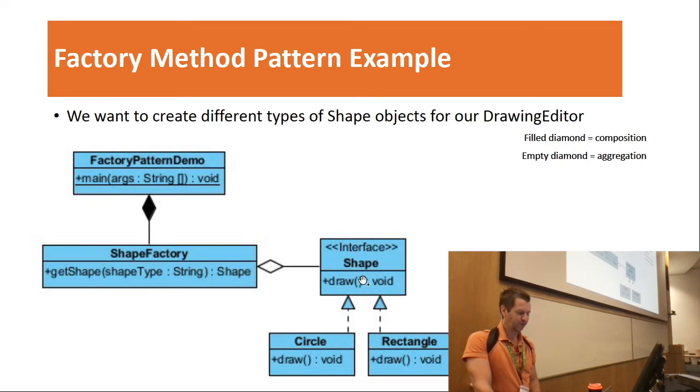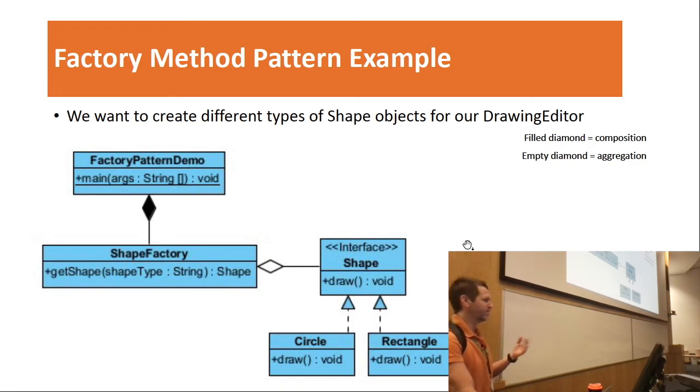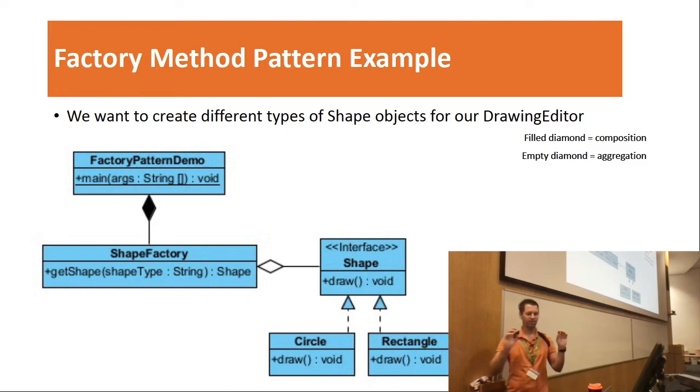And then we pass that to the draw interface, and if it's a circle, then we return a circle. If it's a rectangle specified in the string, then we return a rectangle. It's not a very exciting example, but this would be more exciting if there were like 10 different shapes. Then it would be more interesting.